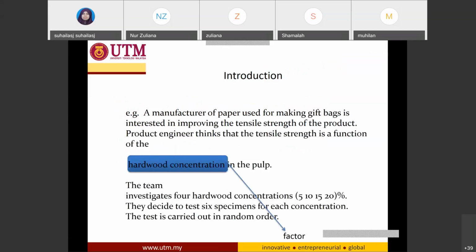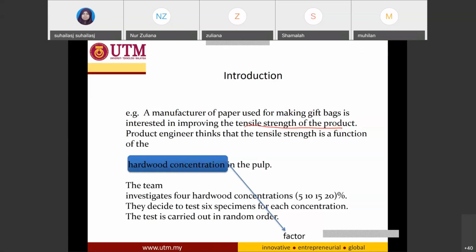It is the same as the example in the book, just that I use a different form of question. Let's say a manufacturer of paper used for making gift bags is interested in improving the tensile strength of the product. The product engineer thinks that the tensile strength is a function of the hardwood concentration.